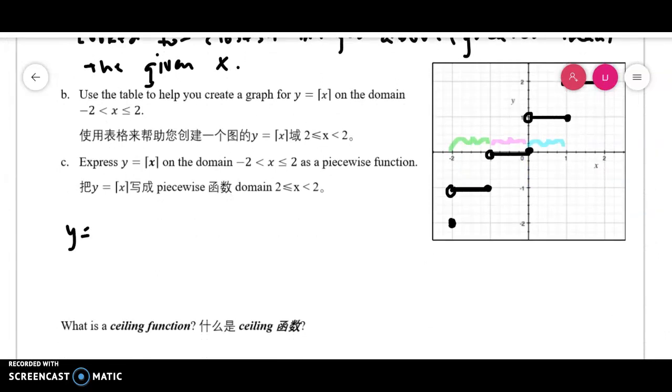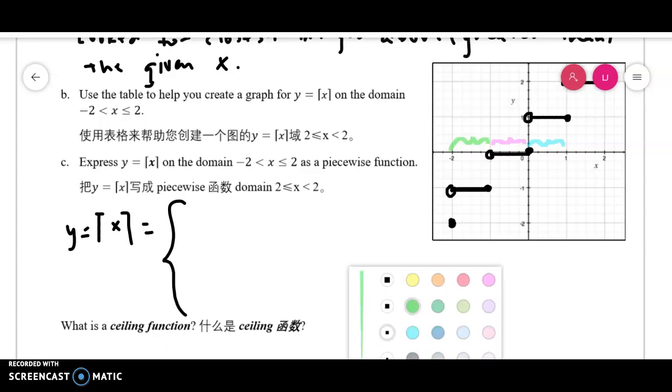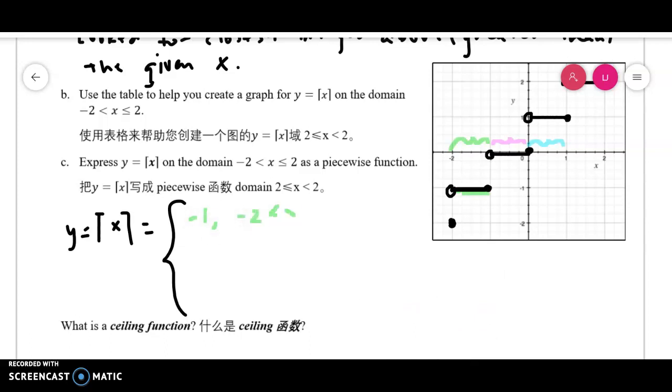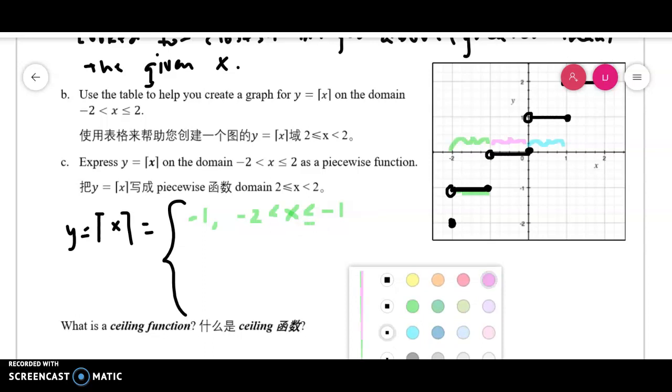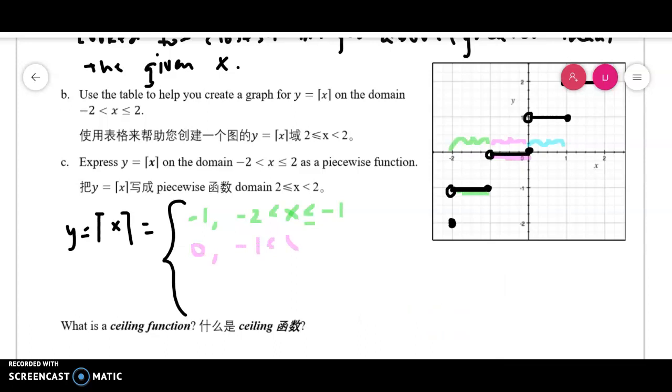And again, it is a piecewise function, so we can write it in piecewise notation. So y equals the ceiling of x, again, 4 pieces. So that first piece, we could see the y value here is -1, and that happens from -2 to -1, but we need an equal sign with the -1. The pink section here, we could see that y value is 0. That happens from -1 to 0, and we need that equal sign at 0.